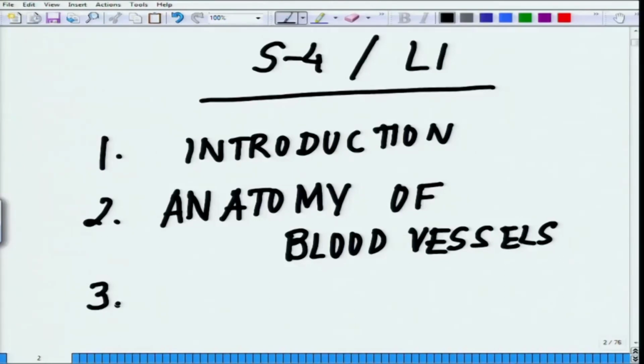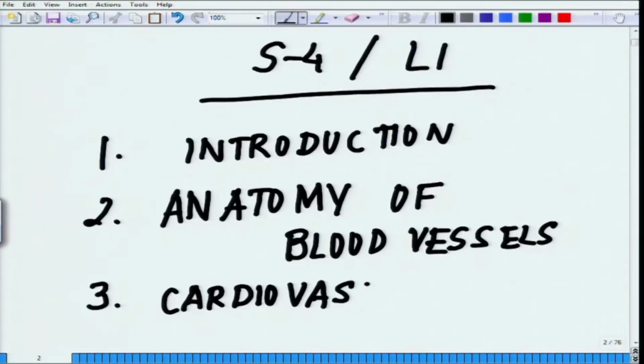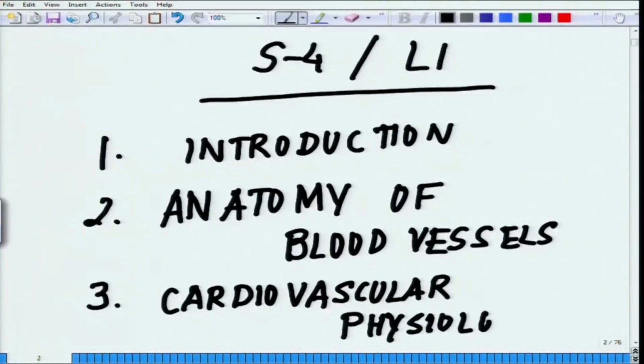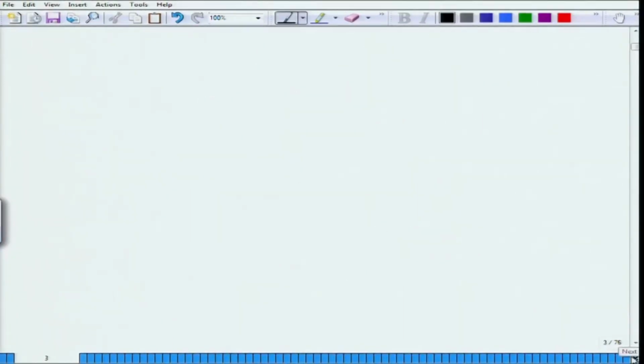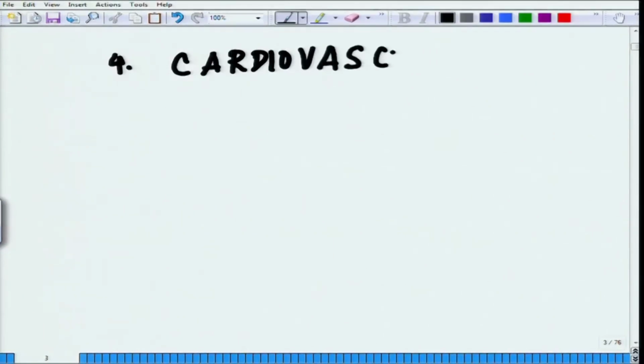Third, we will be moving on to cardiovascular physiology, where we will be talking about the different pressure regimens which are needed. And in the fourth, we will be talking about cardiovascular regulation.